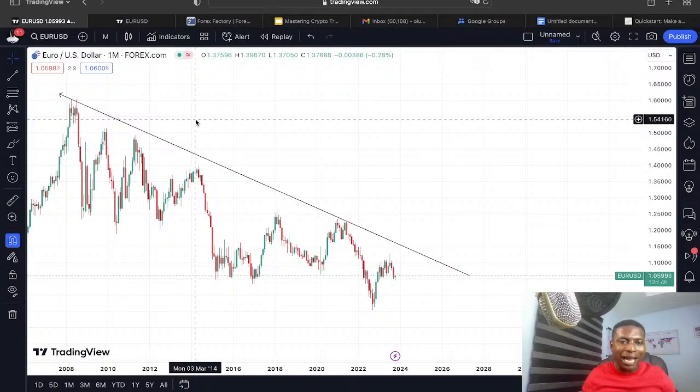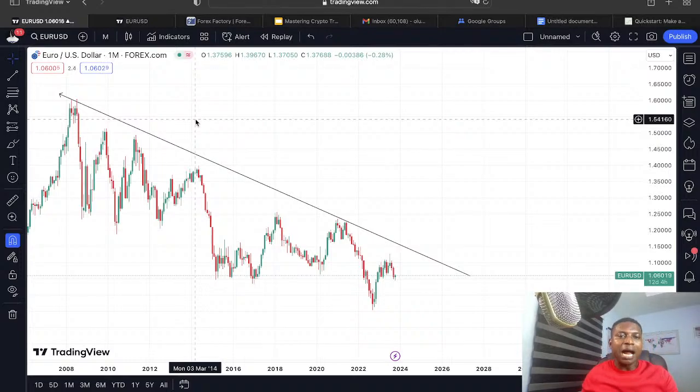First, we are identifying what market direction Euro USD is on, and we've established that Euro USD on the monthly time frame is on an overall downtrend.